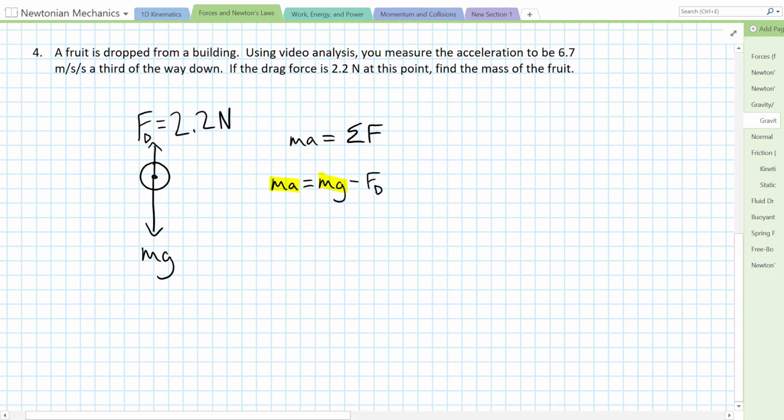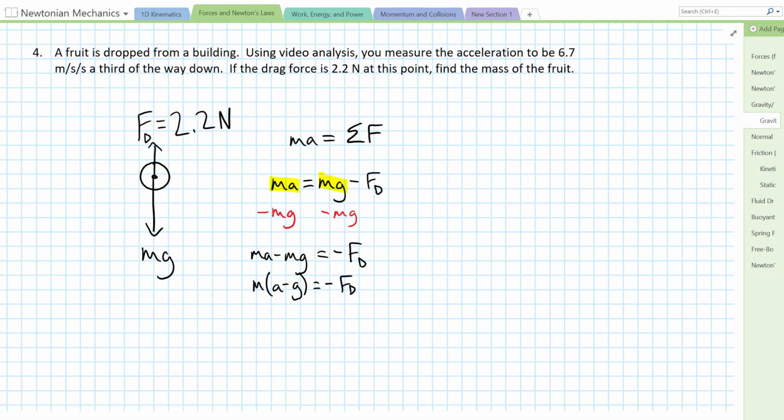So in order to get m on its own, we need to group them together. Let's subtract off mg from both sides. We end up with ma minus mg is equal to negative drag force. We can then factor out an m on the left side. We end up with m times a minus g is equal to negative drag force.